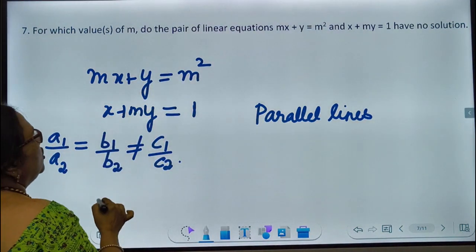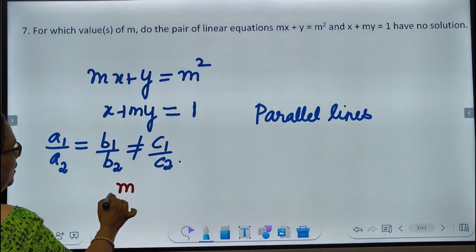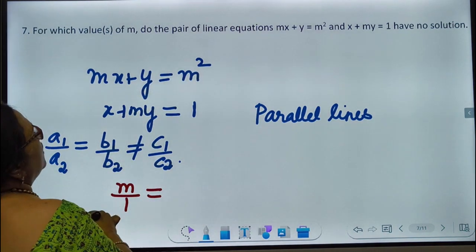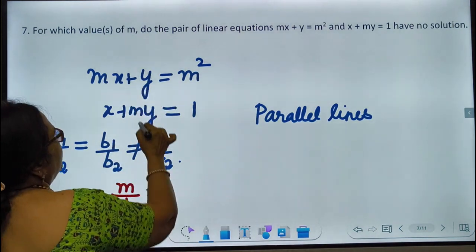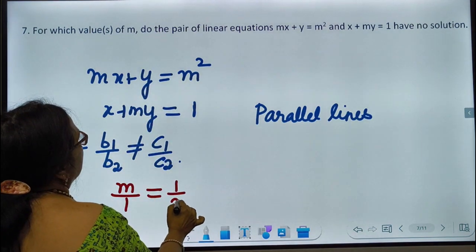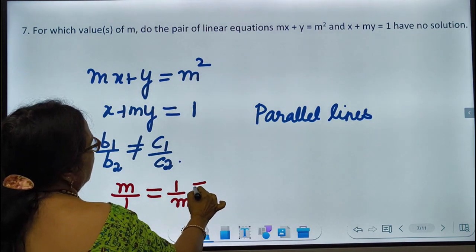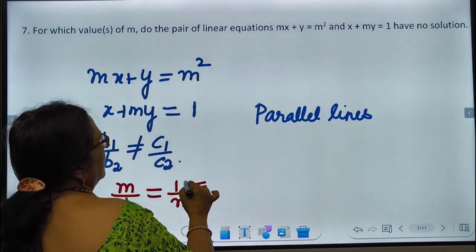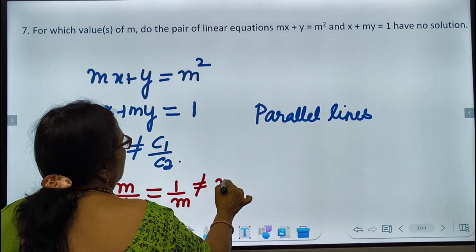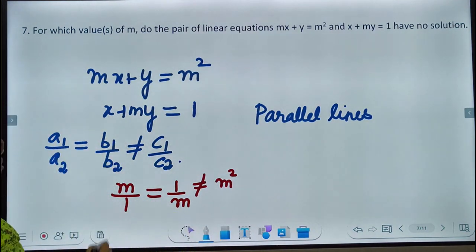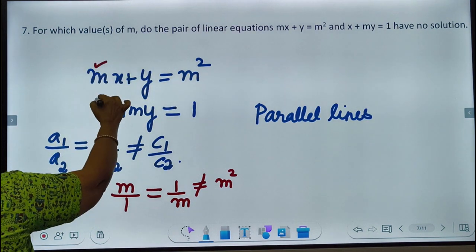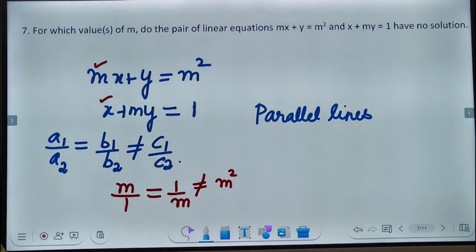What is A1 by A2? The coefficient of x, m by 1, is equal to the coefficient of y, 1 by m, not equal to m square by 1. So m by 1 is the coefficient of x, A1 by A2.